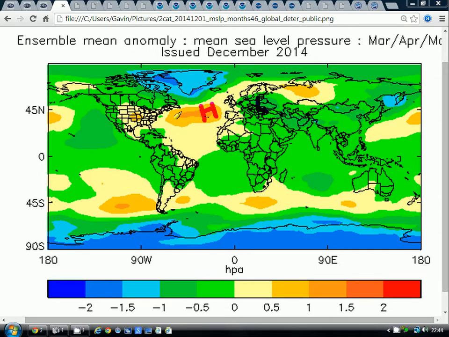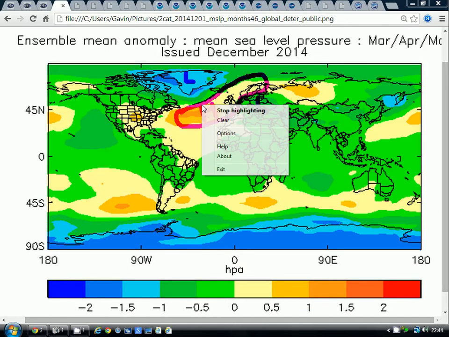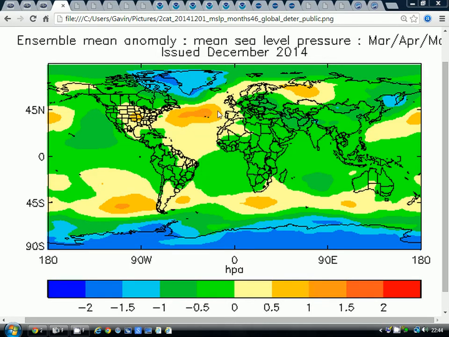So what's going on there is probably high pressure down to the southwest, with low pressure over central parts of Europe to the southeast of that high, and also low pressure up here. It's an unusual anomaly, but what it probably means, with low pressure sitting just to the east, is that we would tend to be bringing in some easterly influences through the course of the spring.